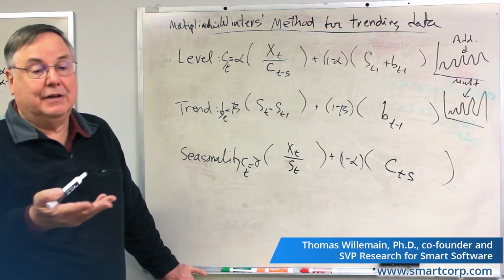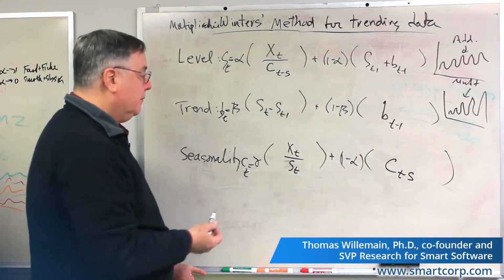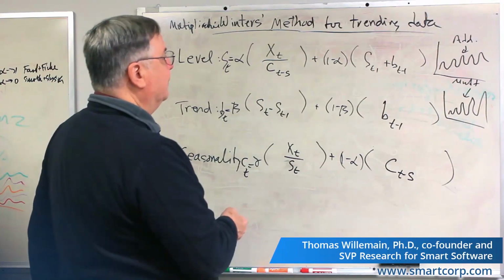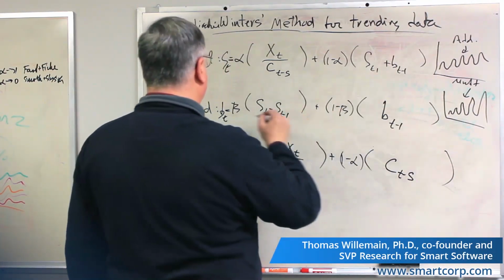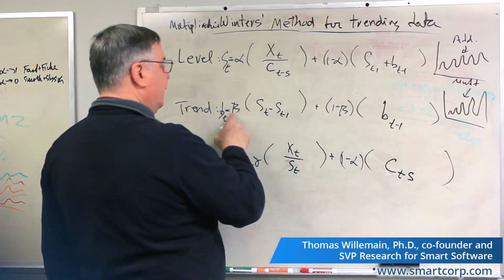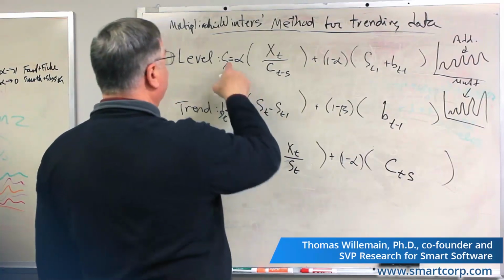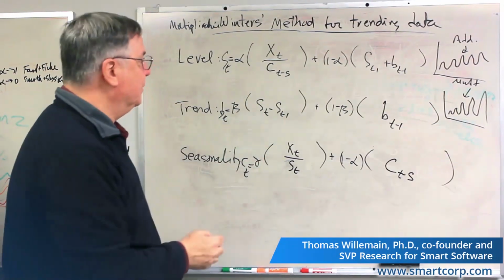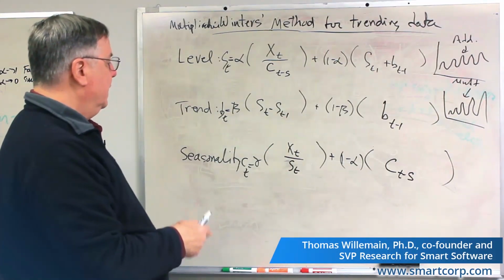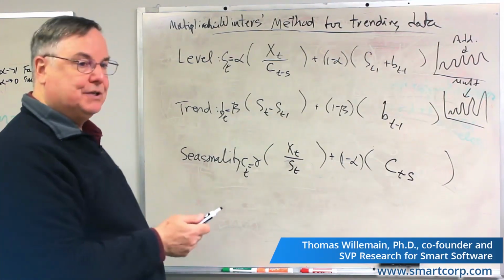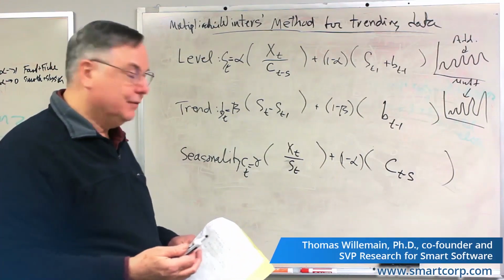Or it might say instead of 10%, it should be 13%. But these calculations, where this one has been fed by this, and this one has been fed by that, they connect to each other. And you step through for each time period, and you get these 3 estimates, and you combine them all when you finally make your forecast.